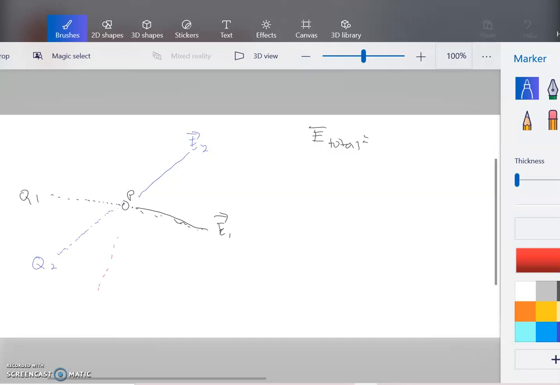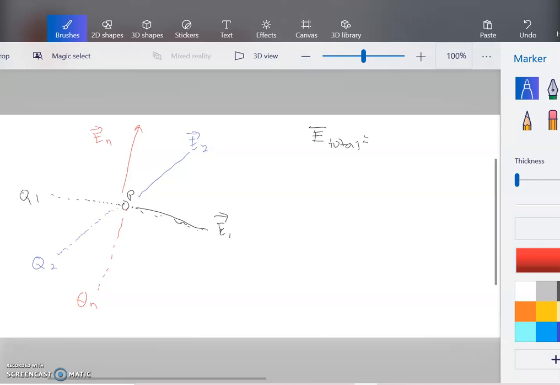For the next one, let's say it is Qn, and you can have more. Then at position P, you will experience the electric field intensity En.